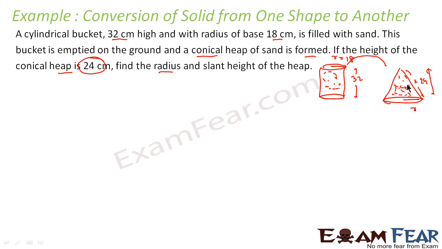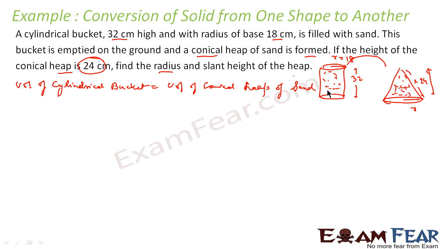So the volume of this cylinder will be equal to the volume of the conical shape which is formed. So volume of cylindrical bucket will be equal to volume of conical heap of sand.